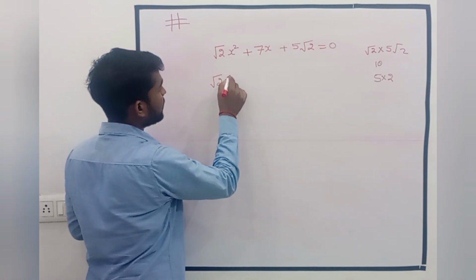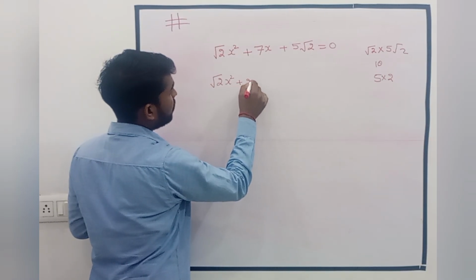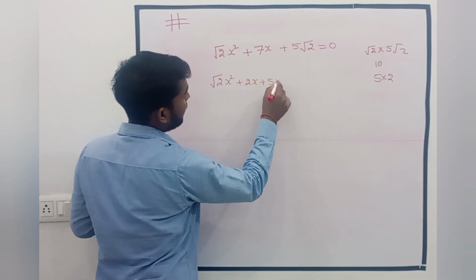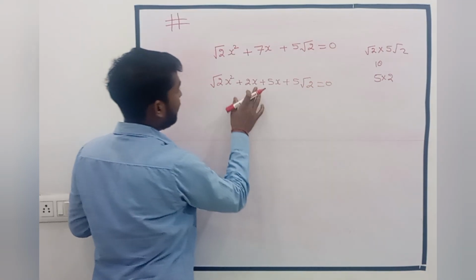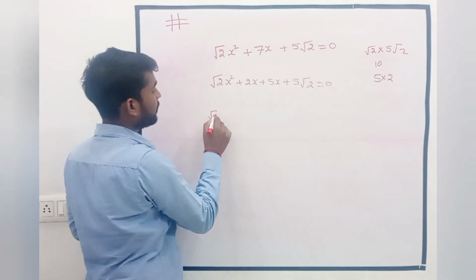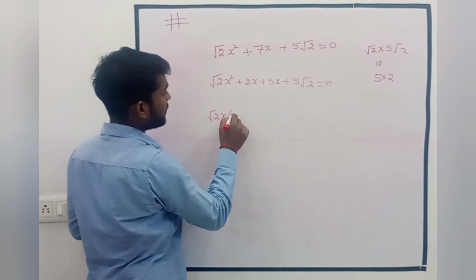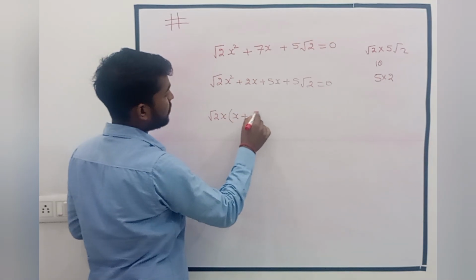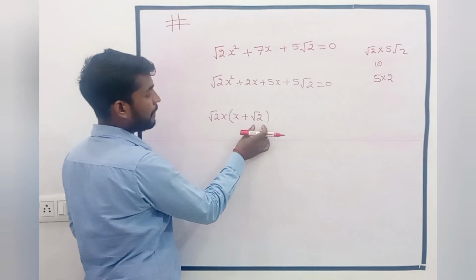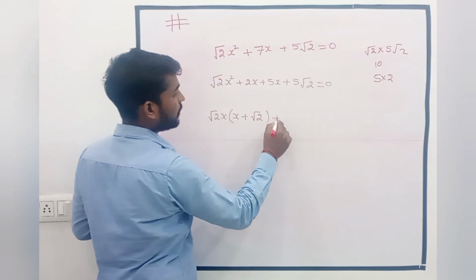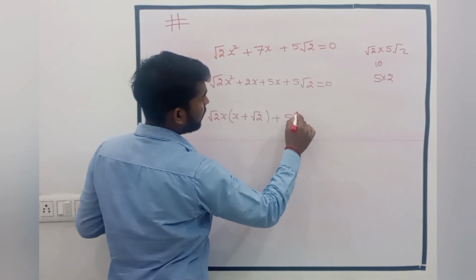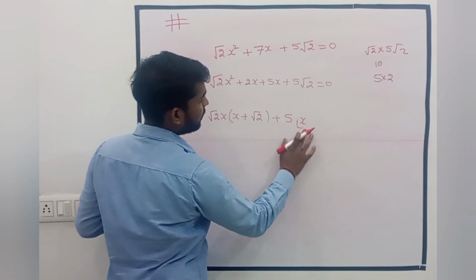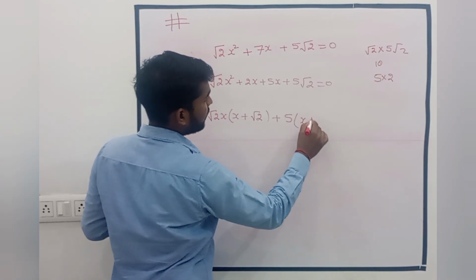Then we can write this as root 2 x and 5 x, and we can take root 2 x from here. Only x is left here, and here is root 2, because root 2 multiplied by root 2 becomes 2, and here we get 5, then we have x left.